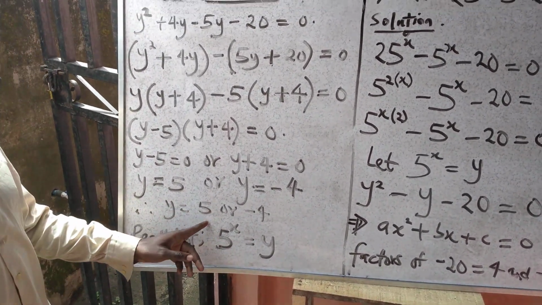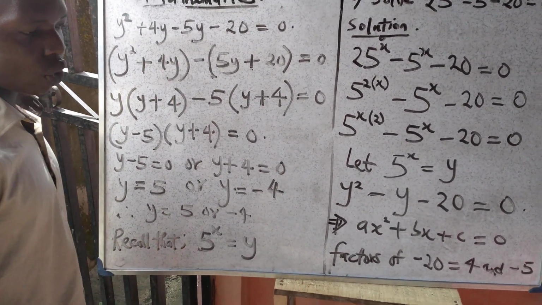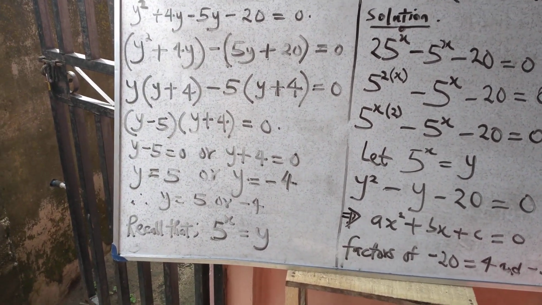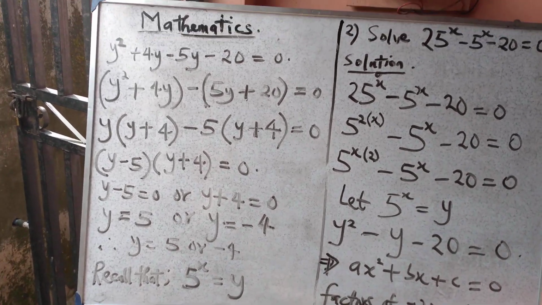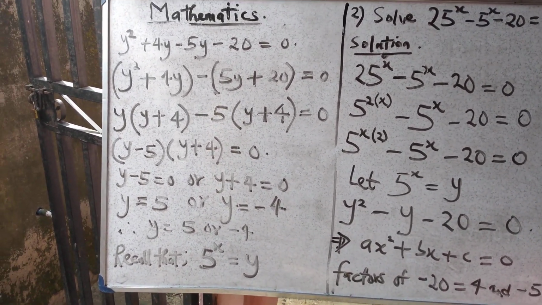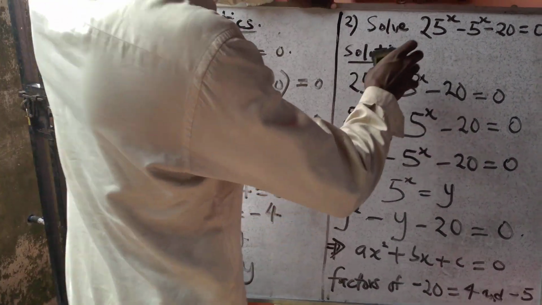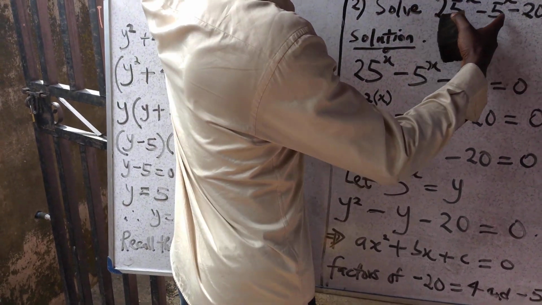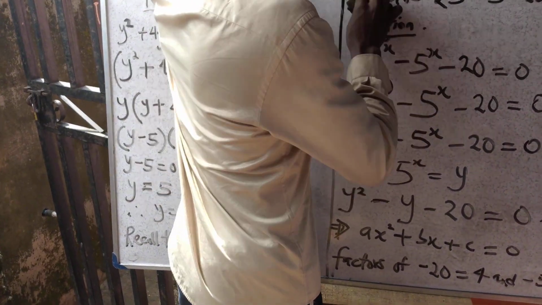Now when y is equal to 5, what then happens? Remember this is the equation, solve 25 raised to power x minus 5 raised to power x minus 20 equals 0.